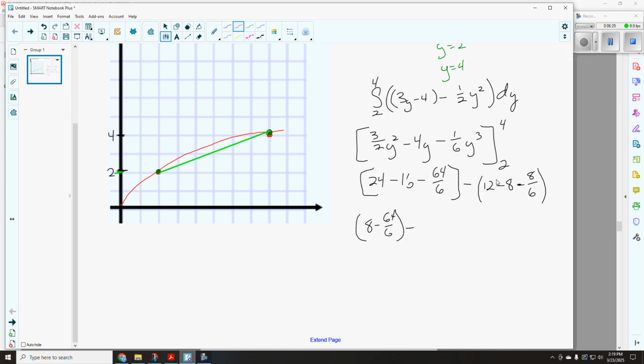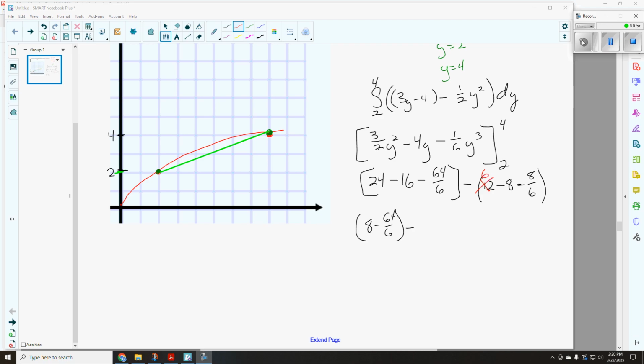This isn't 12. It's 6. Because 4 squared is 16. 2 squared is 4. Divided by 2 is 2 times 3 is 6, not 12. My bad. Okay, I'll make a note that there's a mistake there at this particular moment, which is 650-ish.